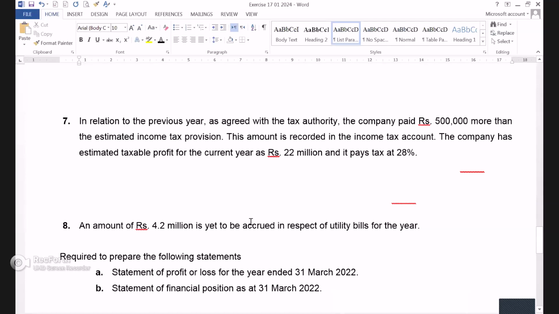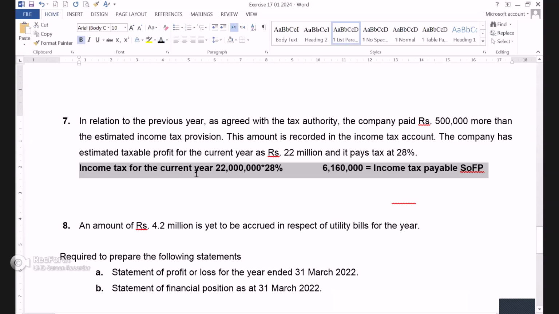So in the previous year, the company paid 500,000 more than the provision. Therefore, is the 500,000 an over provision or under provision? We have to see the current year.